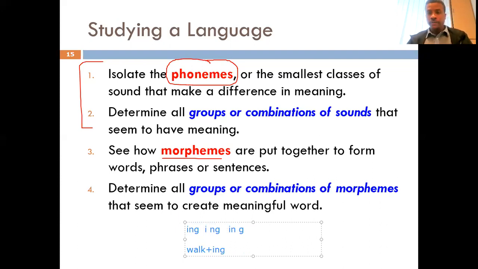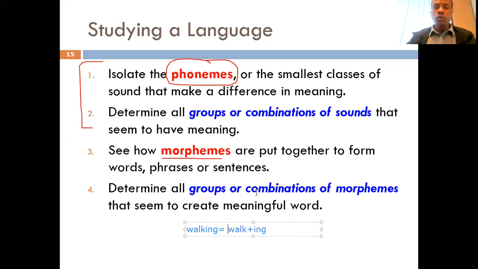It's not possible, which means you cannot break it down into smaller pieces. So whenever you have the word walking, you can divide it into two parts, walk and ing, and this makes sense. What we call a morpheme is the smallest unit in the word that affects the meaning but cannot be further divided into smaller pieces.